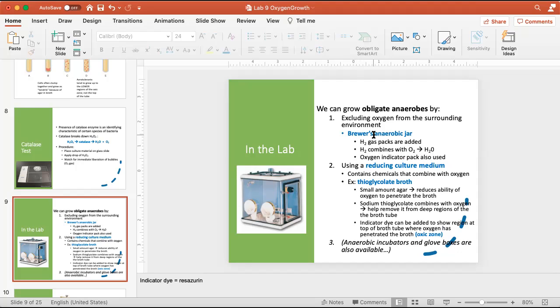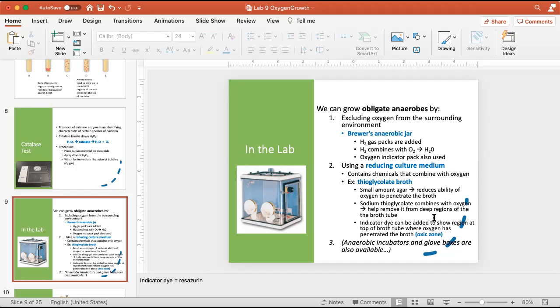So the brewer's jar is one method we use, but we can also use some kind of culture medium that can remove oxygen. The term we use is a reducing culture medium. That's what thioglycolate broth is. Thioglycolate broth is a culture medium that can control how much oxygen is in it, and you get those zones.